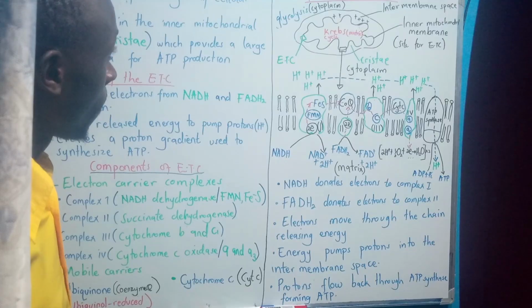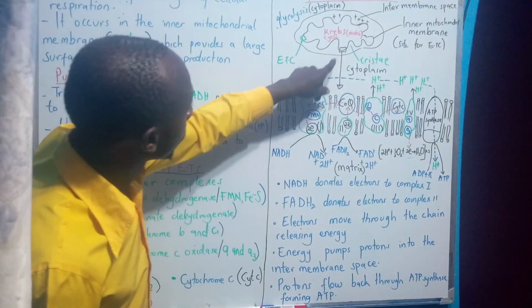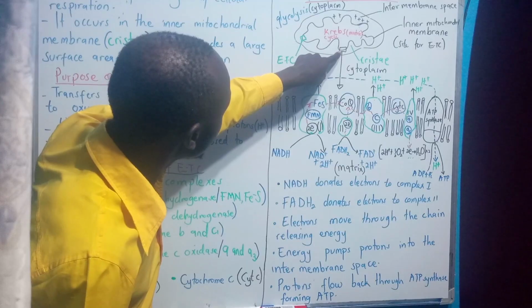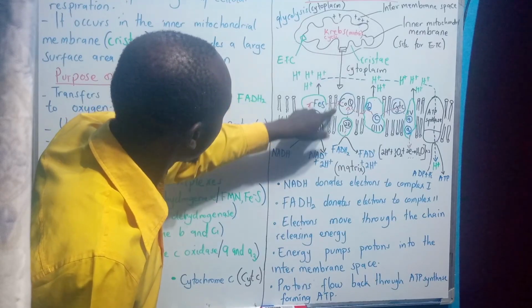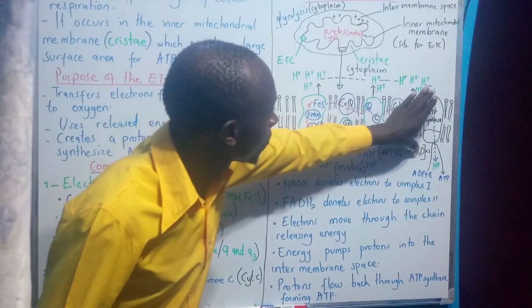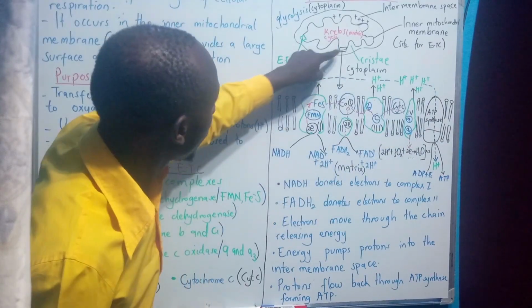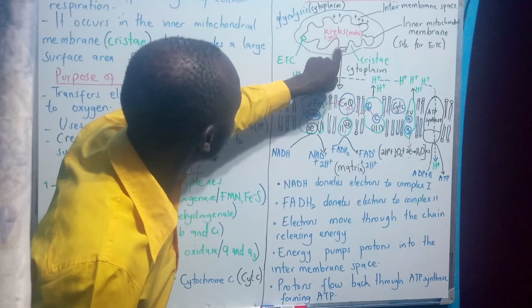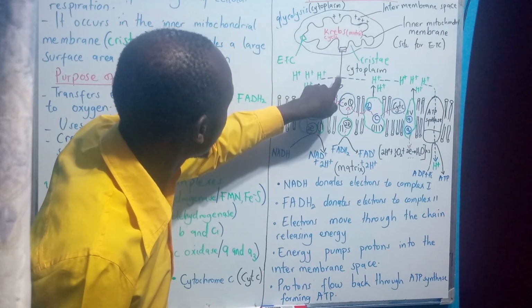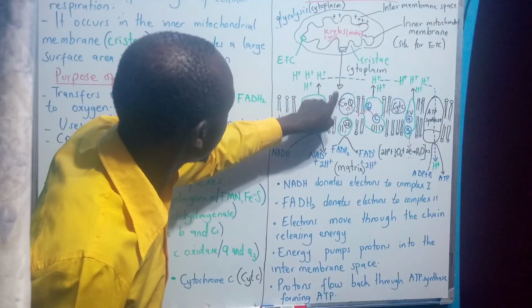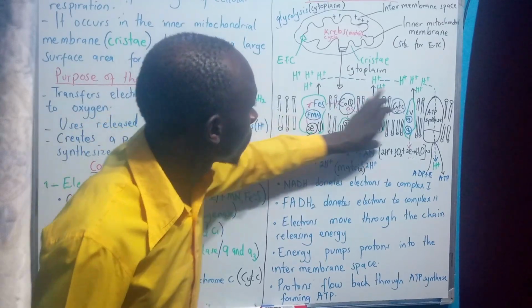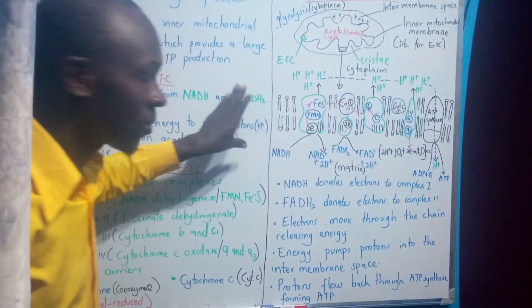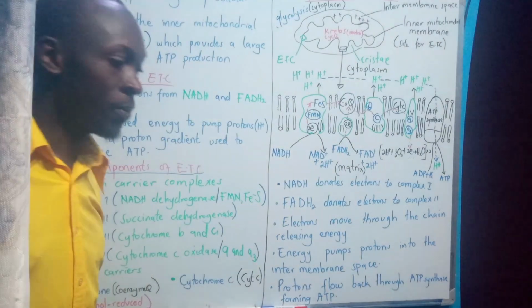So let us look at the inner mitochondrial membrane. Let us zoom in. I have obtained only a small component of the inner mitochondrial membrane, and then I have zoomed it to form this phospholipid bilayer. Of course we know very well how a phospholipid bilayer looks.